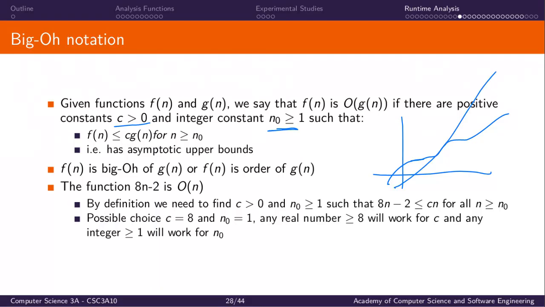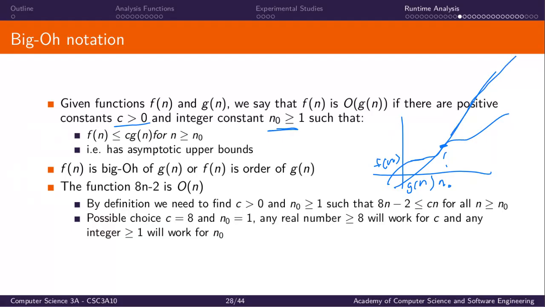For different values of n, we may find that f of n was greater than g of n initially, but I can find some input n0 such that for all inputs greater than n0, g of n will always be above f of n.